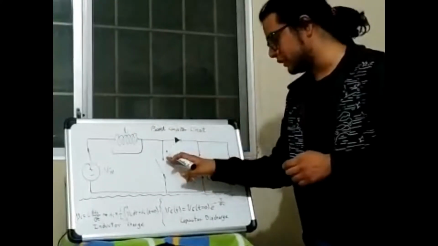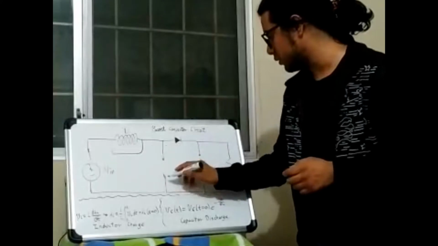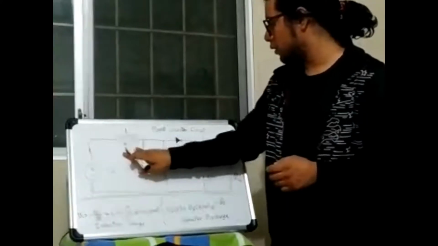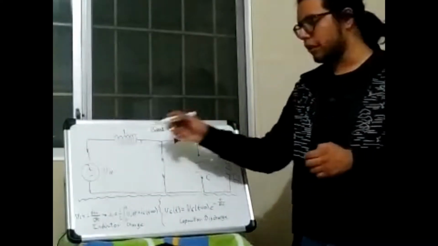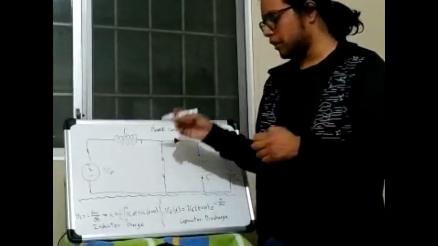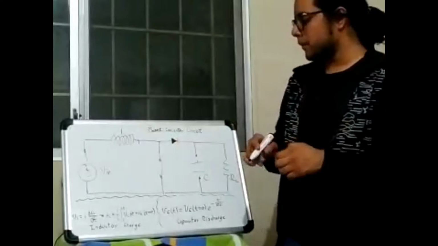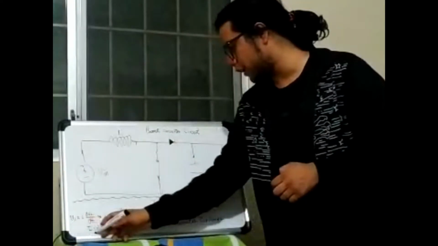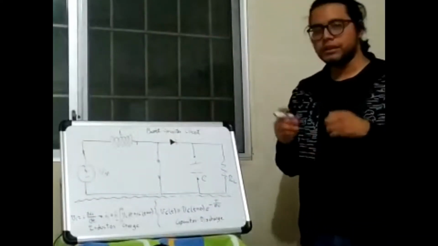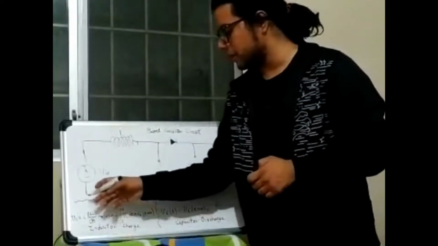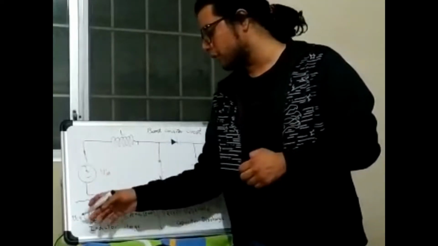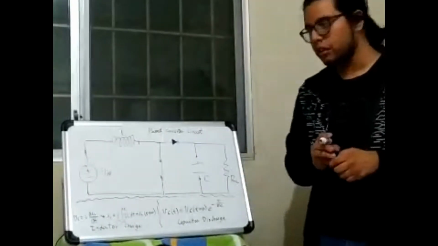When we close this switch, the inductor starts to charge in a linear way. So we have the equation of the inductor charge, and it's linear because of the fundamental relationship between the voltage in the inductor and the current in the inductor.